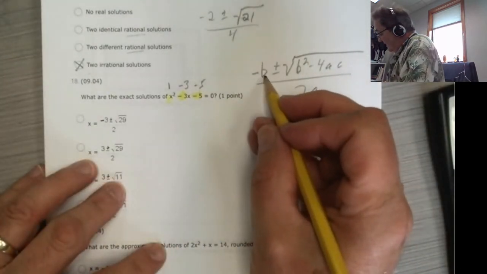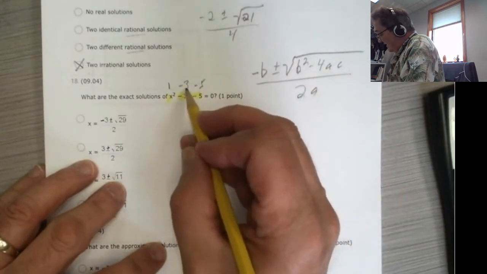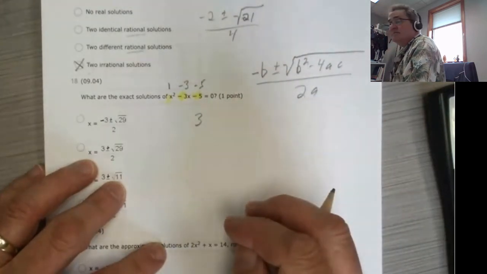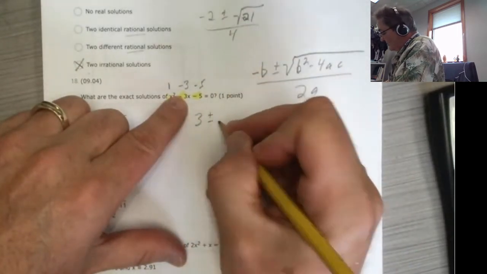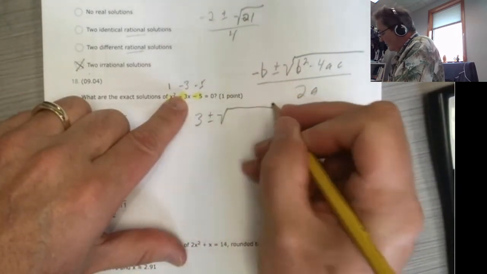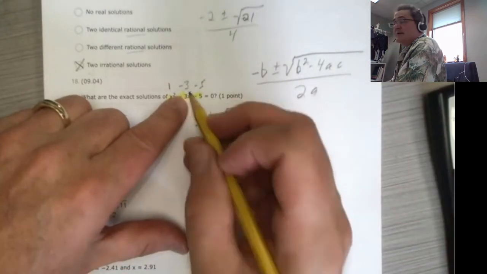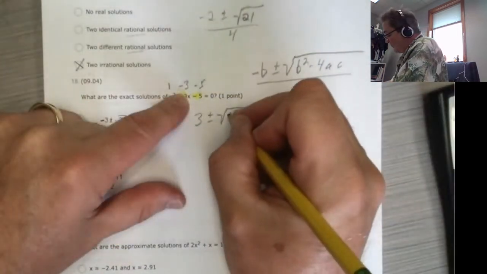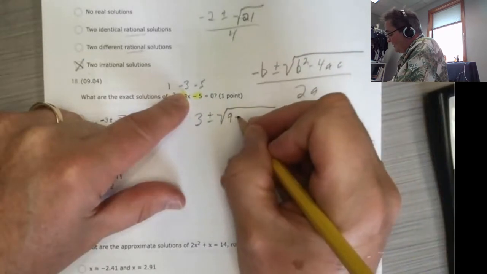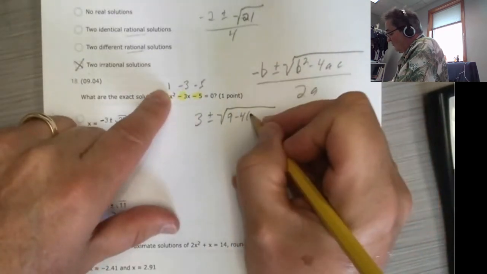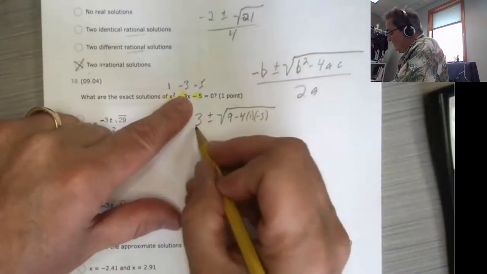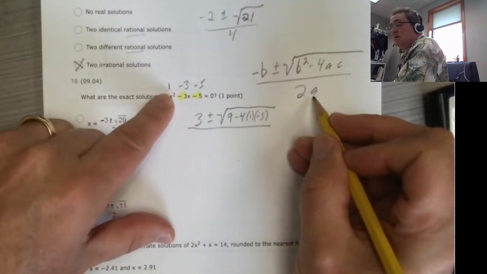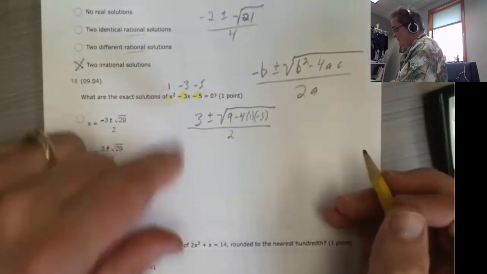So negative b, -3 would be a positive 3. Plus or minus the square root of b squared. What's -3 squared? -3 times -3 is a positive 9. Minus 4 times 1 times c, which is -5, all over 2 times 1, which is just 2.